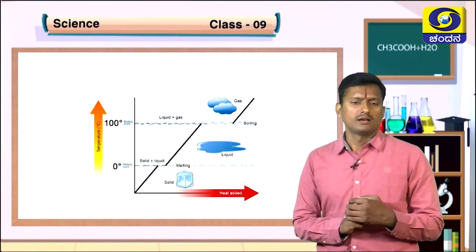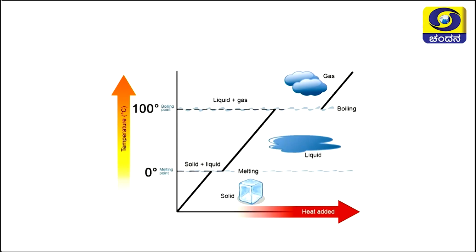See here, a graph showing that at 0 degrees Celsius, ice is solid, it starts melting at that temperature, but the temperature remains the same. At 0 degrees Celsius, you find that the water is in both solid and liquid form, it just starts to melt. In the same way, at 100 degrees Celsius, you see the liquid and gaseous state, but the temperature remains the same.